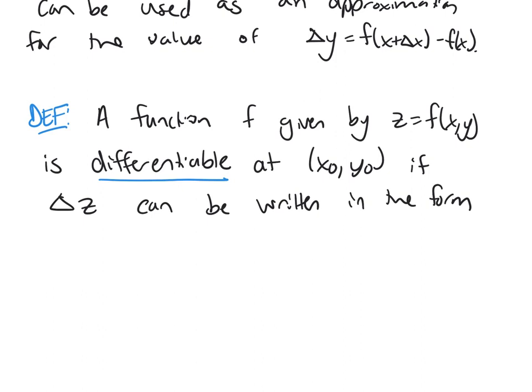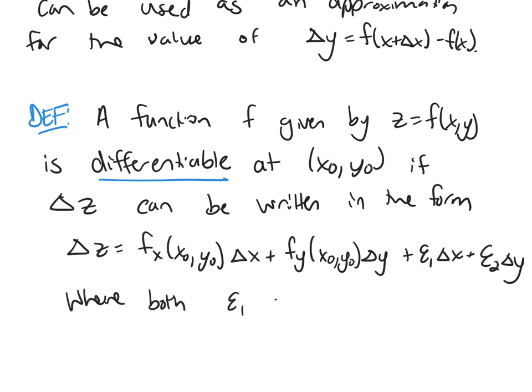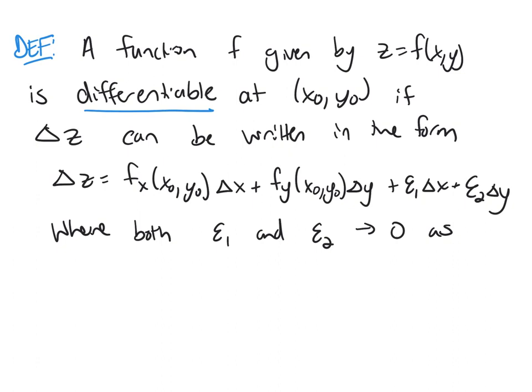we can write delta z as the partial derivative of f with respect to x at x naught, y naught, times delta x, plus fy, the partial derivative with respect to y at x naught, y naught, times delta y, plus epsilon 1 delta x plus epsilon 2 delta y, where both epsilon 1 and epsilon 2 are going to go to 0 as delta x, delta y go to 0, 0.